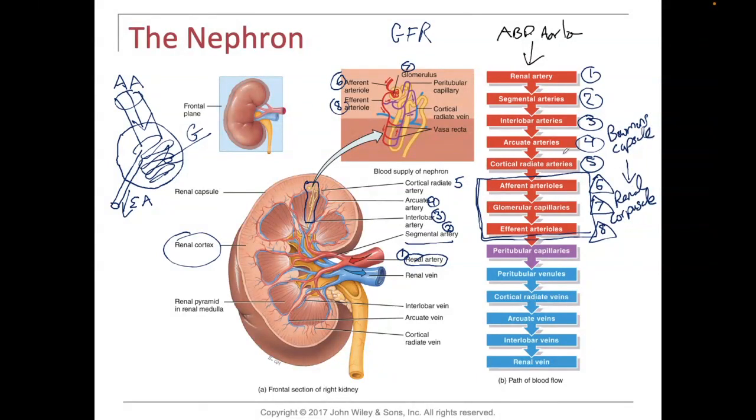What is Bowman's capsule, or the renal corpuscle? It's this round yellow sphere, this yellow ball right here, that's housing what's inside the Bowman's capsule, which is the glomerulus.